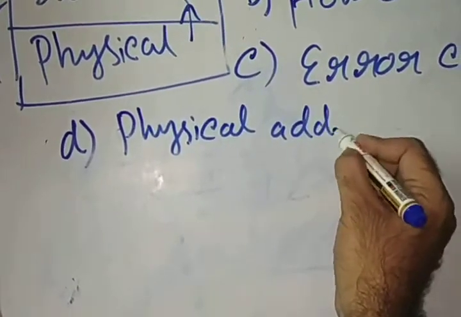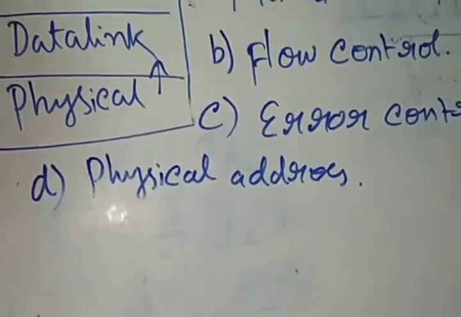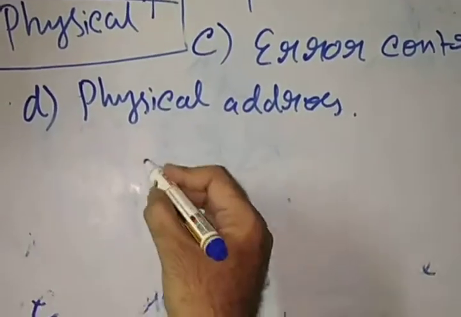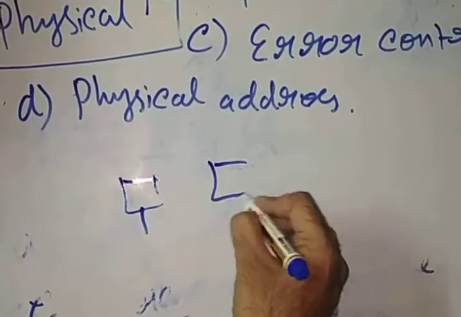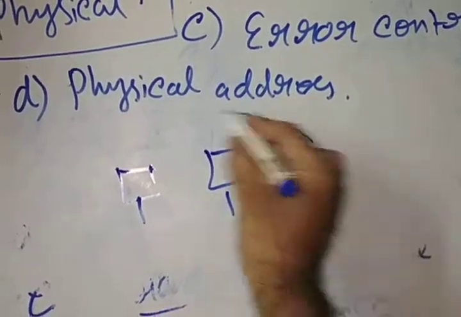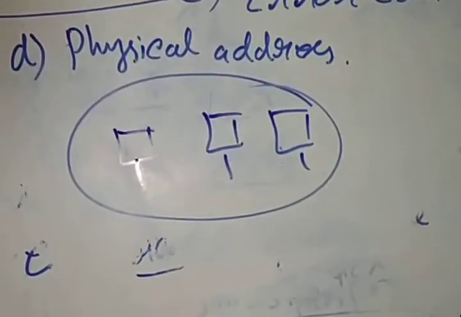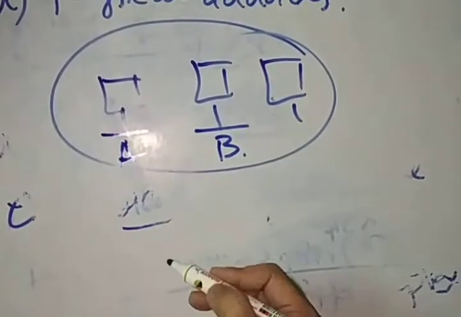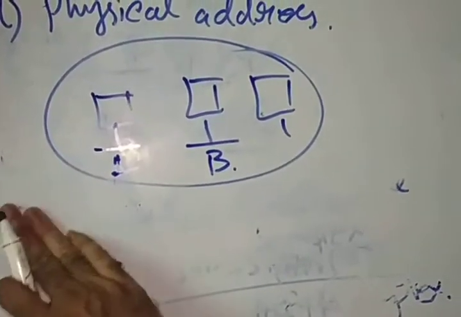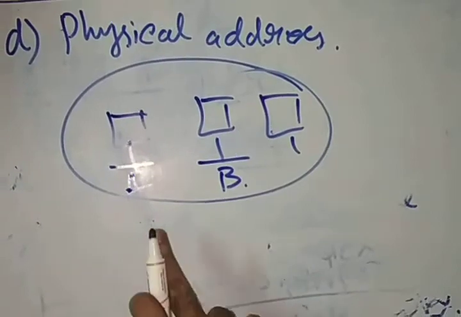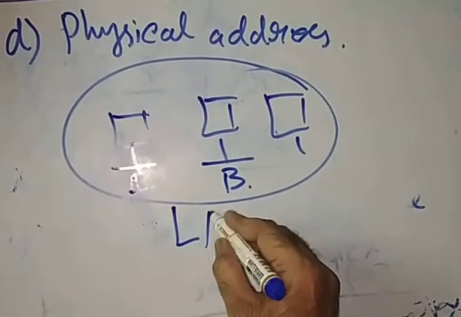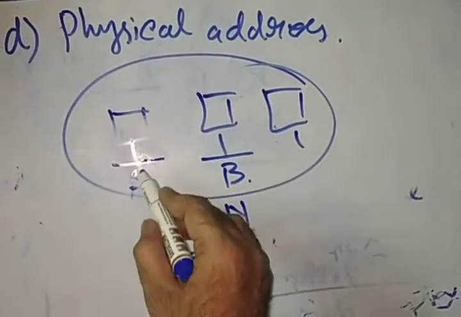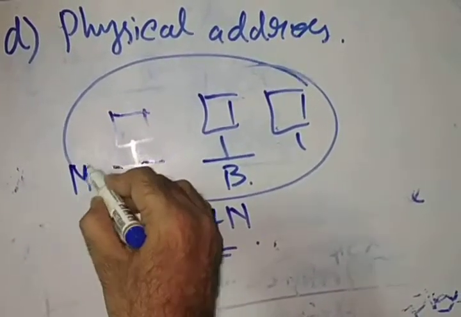Physical address. Actually, in the data link layer, suppose in a network 3 machines are there, and machine A wants to send data to B. Within a single LAN or network, each has a MAC address or physical address.